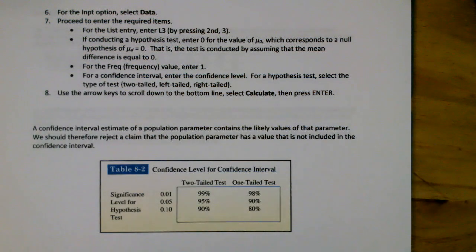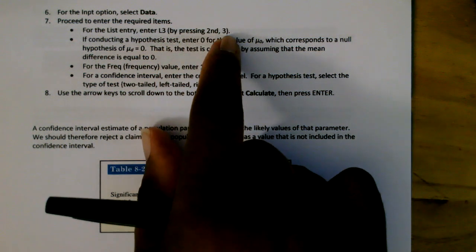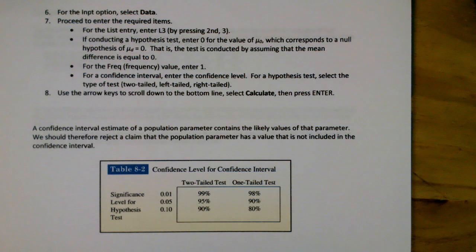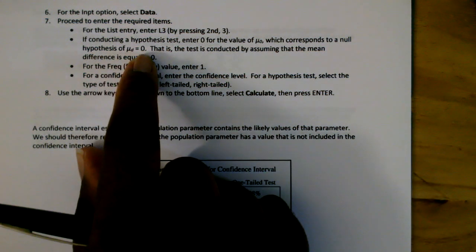And then number 7, proceed to enter the required items. Now for the list entry, you want to enter L3 by pressing 2nd and 3 for L3. And then if you're conducting a hypothesis test, you want to enter 0 for the value of mu sub 0, because that corresponds to the null hypothesis of mu sub d equaling 0.